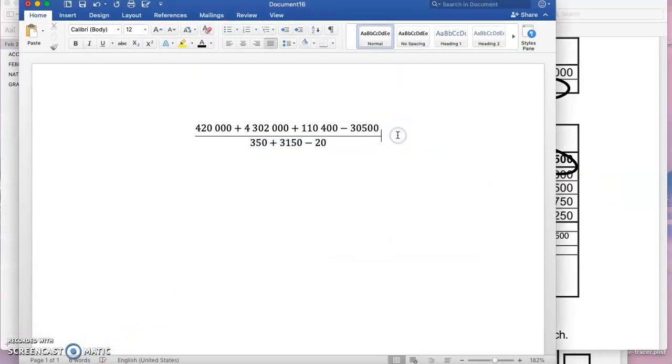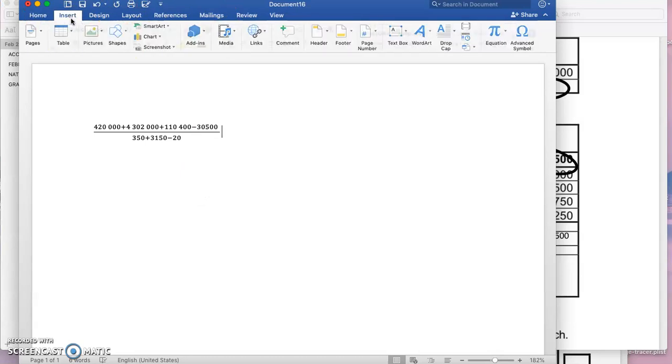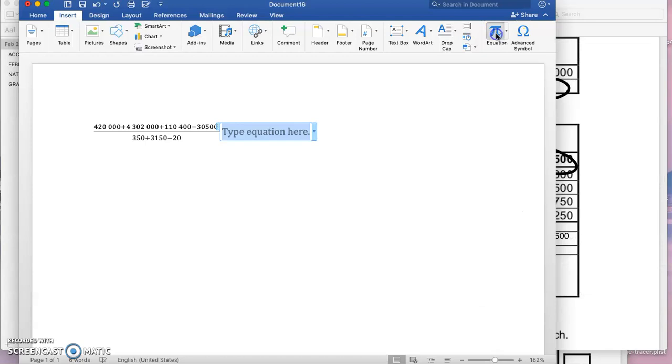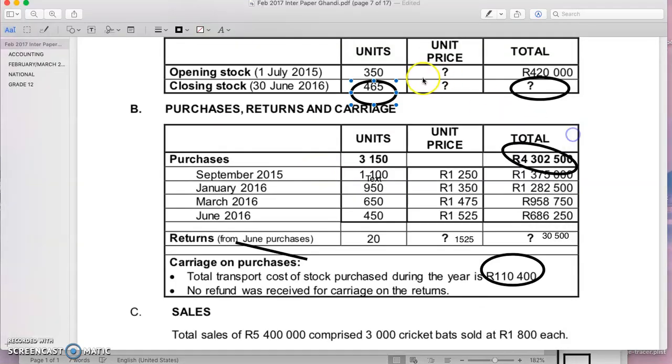And this is not the end of the calculation. This is the unit price. We want the total value of closing stock. So this means we actually have to multiply by 465.